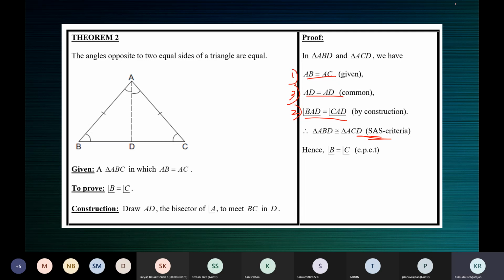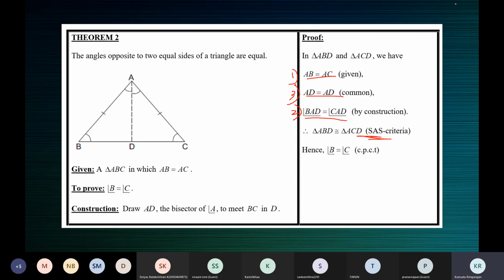I said, when you have to prove that two triangles are congruent, look at the information given to you. Based on the information, decide which congruence rule you have to use. You have five rules.